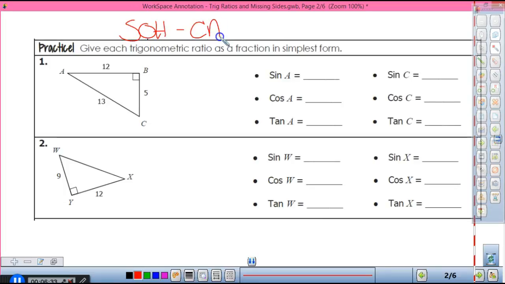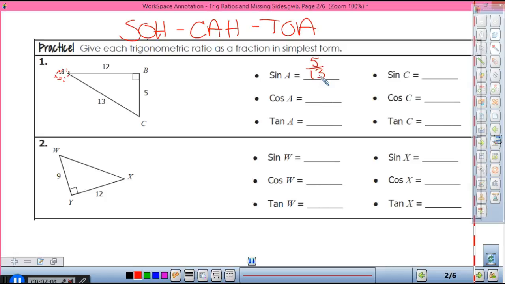So, alright, so sine of A. So we're looking at A. Opposite is 5 over the hypotenuse 13. Is that in lowest terms? Yes. Okay, just make sure, remember, we always put our ratios in lowest terms.